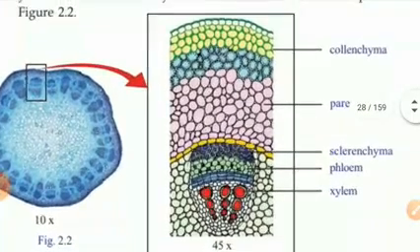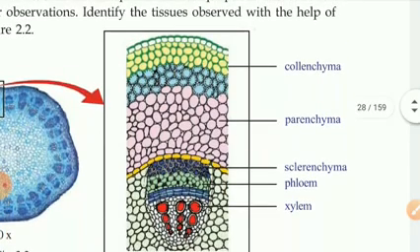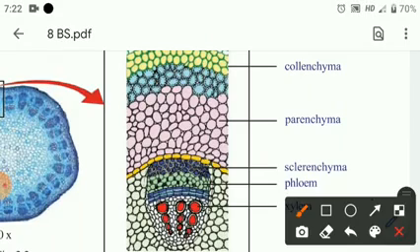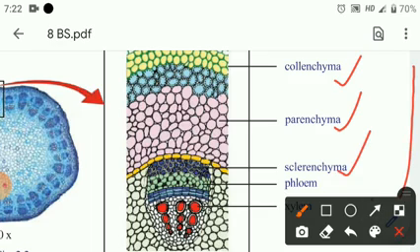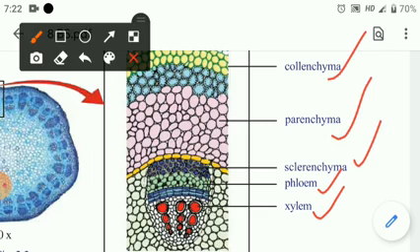Then we can see the different types of plant tissues: collenchyma, parenchyma, sclerenchyma, one, two, three, then xylem and phloem. So these are the different kinds of tissues in a plant.